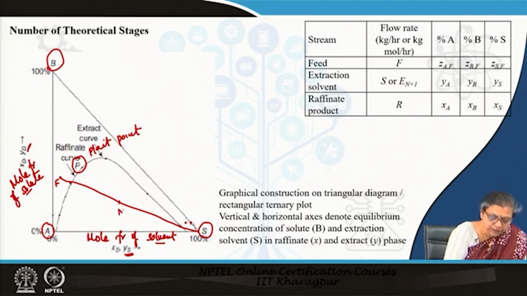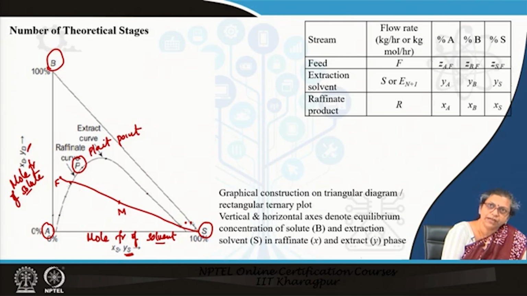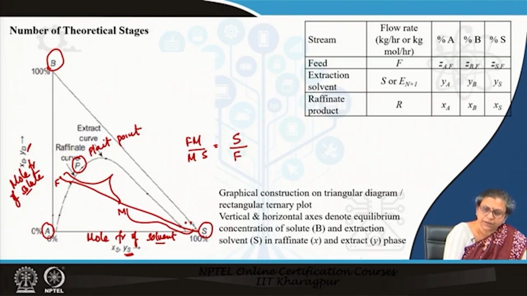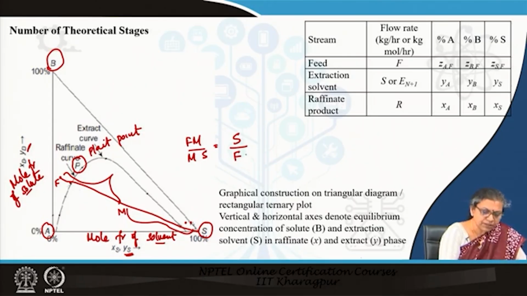So, the mixture point lies somewhere on the FS line, and it depends upon the relative proportion of the feed solution and the solvent solution by the inverse lever rule, or in other words FM divided by MS. This gives you the amount of solvent divided by the amount of feed, both of them taken in kg moles per hour or kg per hour, does not matter. So, the amount of solvent decides the location of the point M.